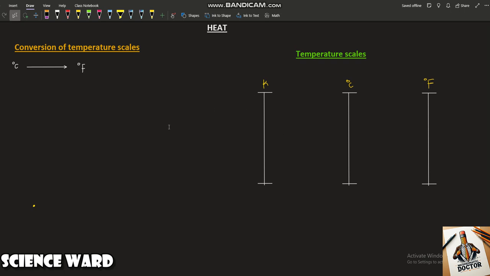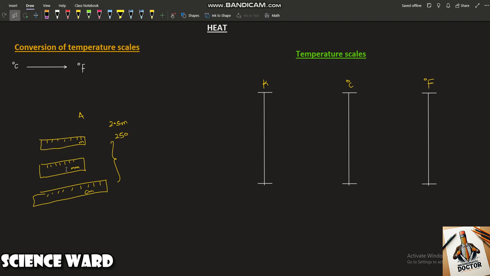Let's assume a case like this. Here I have three rulers.